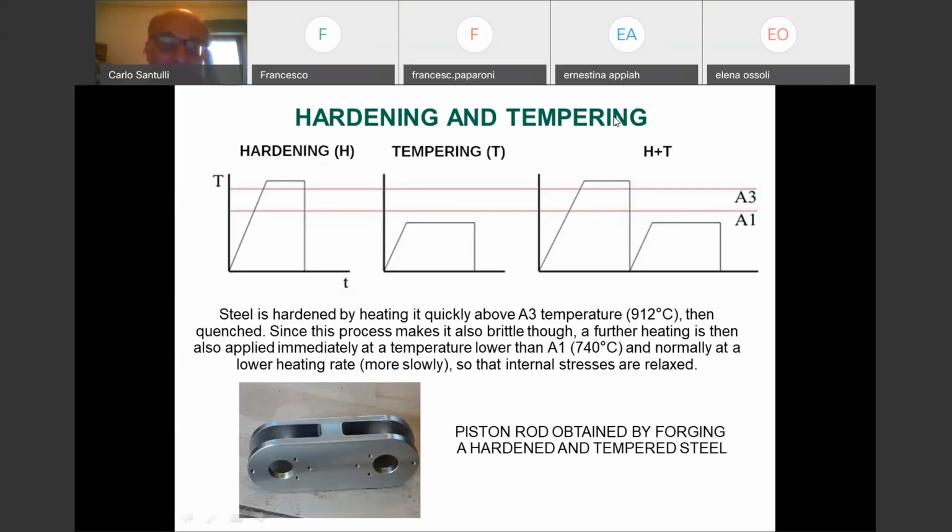It depends on your needs. But you can also delay a bit. You can also have a quenching in air, which in large steel works is quite typical.